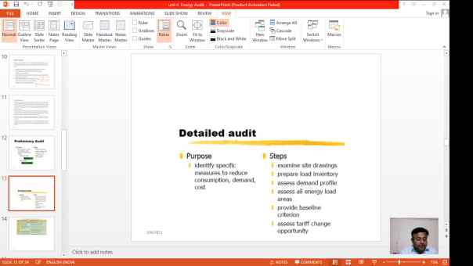Secondly, you should have the tools, plants and equipment required to conduct the audit, like tong tester, harmonic analyzer, power quality analyzer, reference meter. So these are the tools and plants required. So you may have to make arrangements prior to conducting that energy audit. That comes under the pre-energy audit.